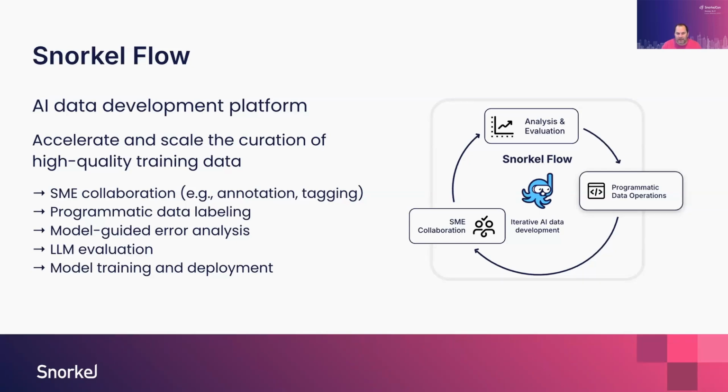There's built-in error analysis tools, LLM evaluation, right? This is all part of an iterative development lifecycle. Then, of course, once you've reached your accuracy requirements, you can train and deploy that model. So this is a complete platform for developing the data that you need to train models, right, to be more accurate and then ultimately deploy those. But that's enough of Snorkel Flow.